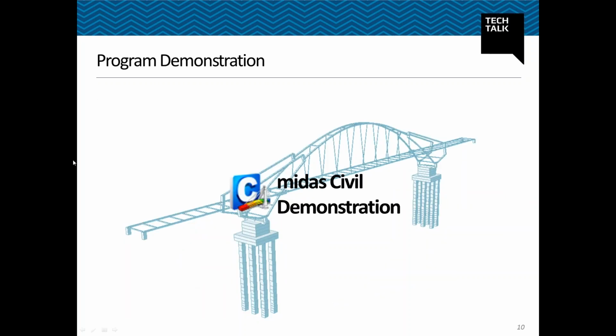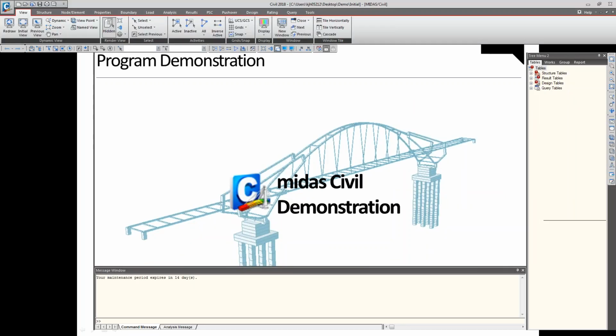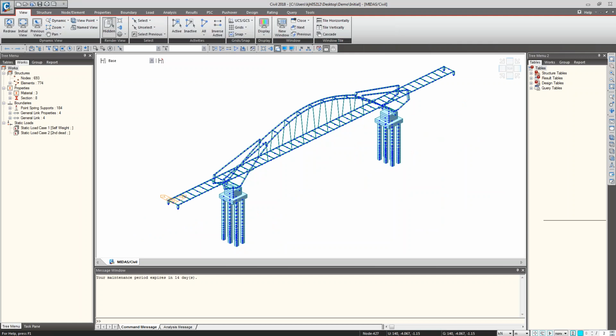Okay. As I mentioned, the basic structure has already been prepared by me, so the modeling part is not included. This is a steel bridge, and I will start from how to apply eigenvalue analysis.